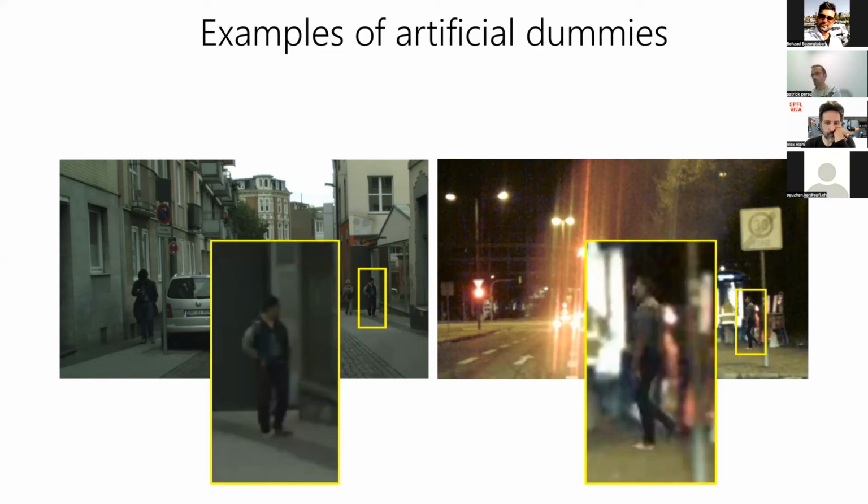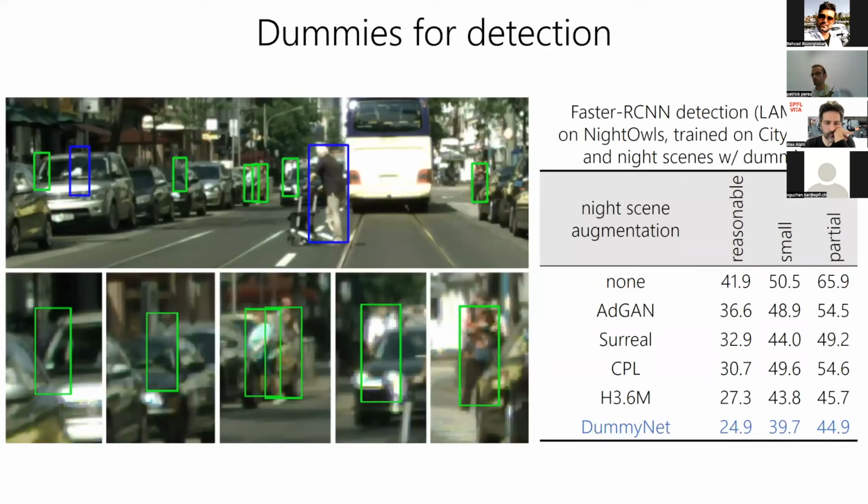even if for the human eye there is something a bit weird. And just to prove the point, I'm not going to explain the numbers on the right, but if you look at the image on the left, it's a low data regime where we train a fairly simple object detector on limited annotated data first, and on the test image you have the blue detections.